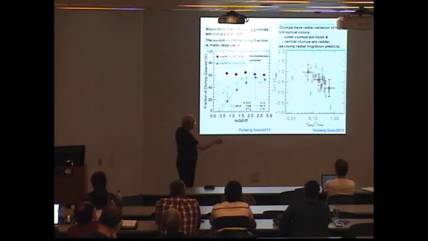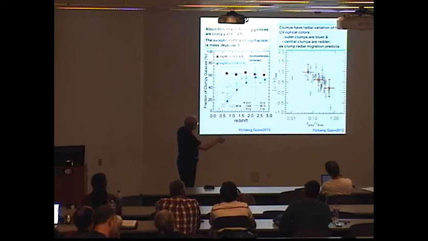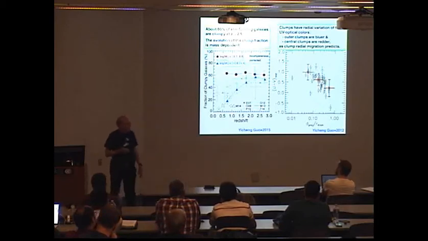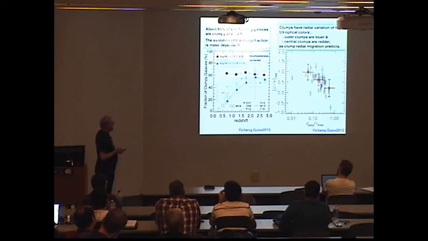Also, this was the 2012 data, there's a strong dependence of the color of the clumps on their radius from the center, in the sense that as the clumps are seen closer to the center, they're redder, that means they're older, and also probably dustier.